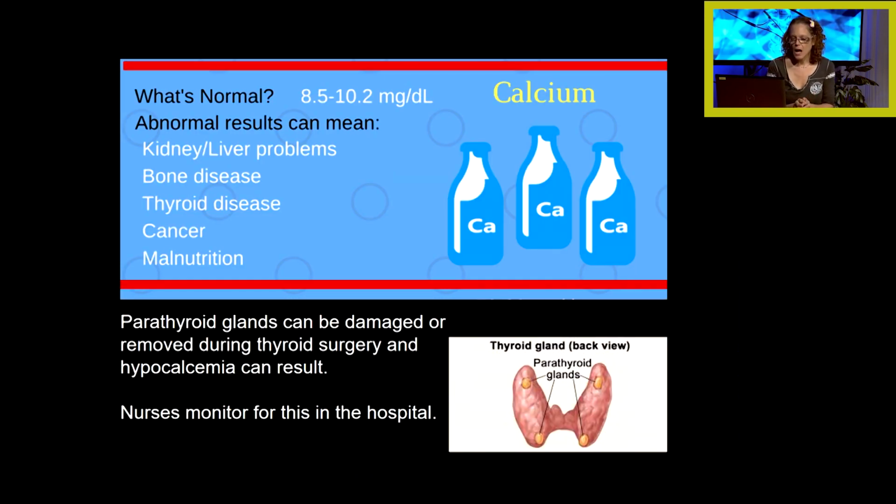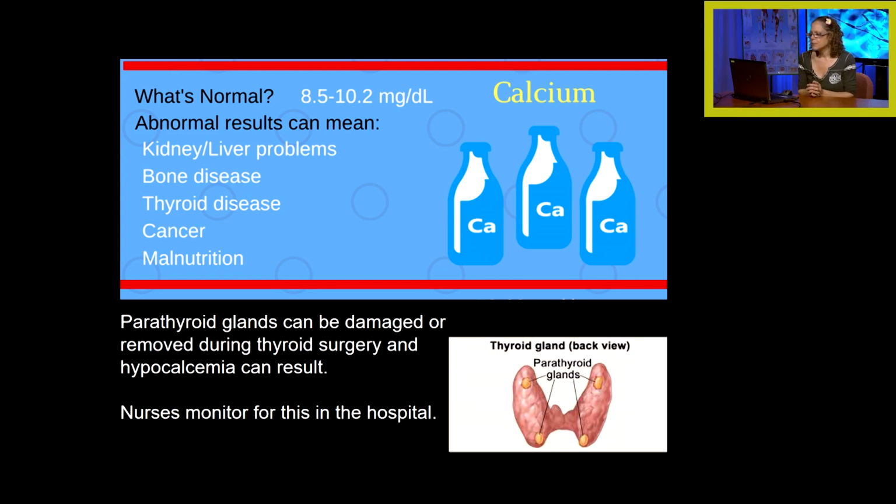Calcium, we want to look at the calcium levels. They can tell us that we might be having problems with our kidney, our liver, bone disease, thyroid disease, cancer, and malnutrition. It's important to note that the parathyroid glands can be damaged or removed during thyroid surgery, and this can result in hypocalcemia.